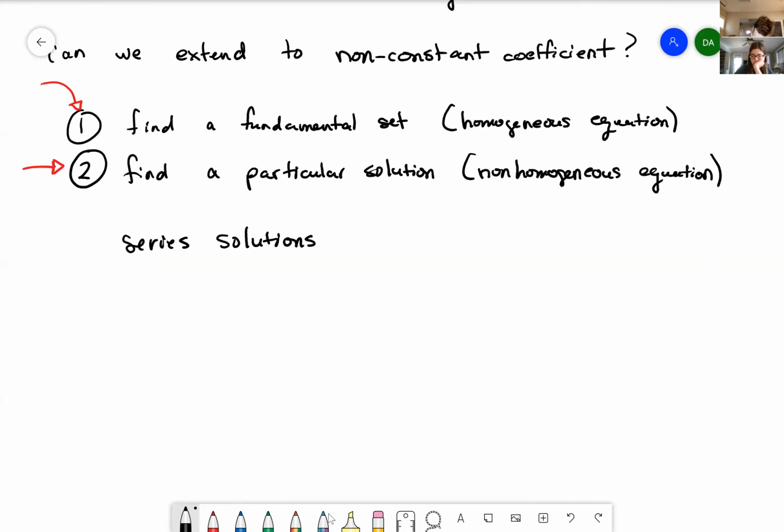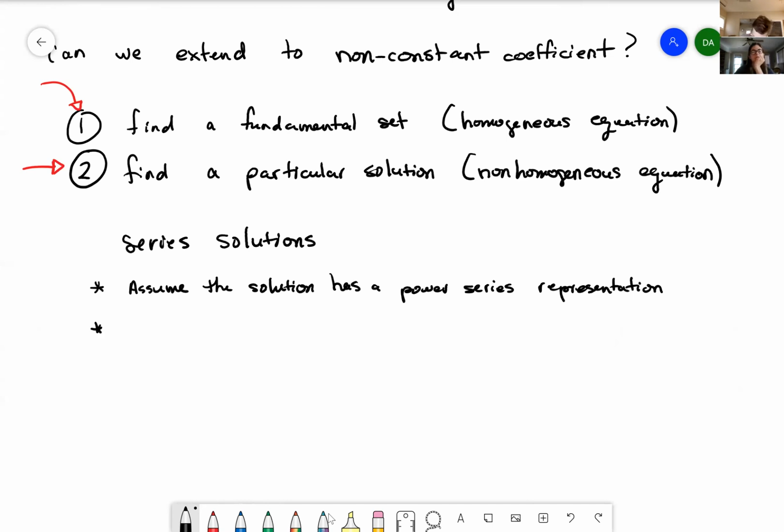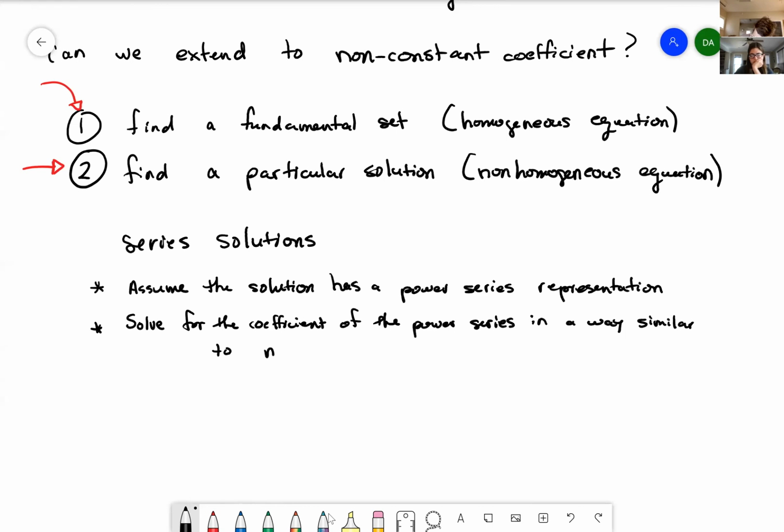So what we're going to do is assume the solution as a power series representation, and then solve for the coefficients of the power series in a way similar to the method of undetermined coefficients.